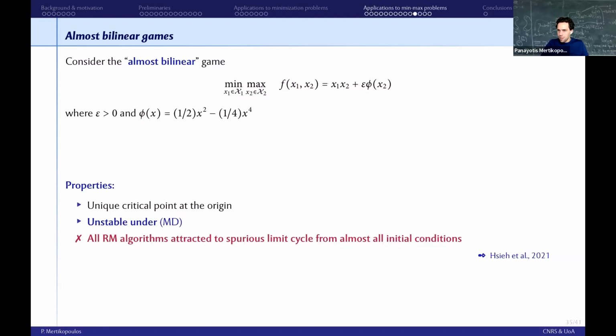When you do this, then for any level of perturbation, this almost bilinear game has a unique critical point at the origin. This is the only critical point of the game, but it is unstable under the mean dynamics, and the only stable set under these mean dynamics is exactly a limit cycle around this critical point.